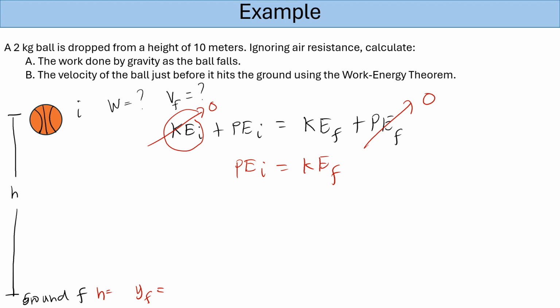This will be mg y initial, which is equal to 1/2 m vf squared. What I will do here is find the expression for vf. So vf will be equal to square root of 2g yi.